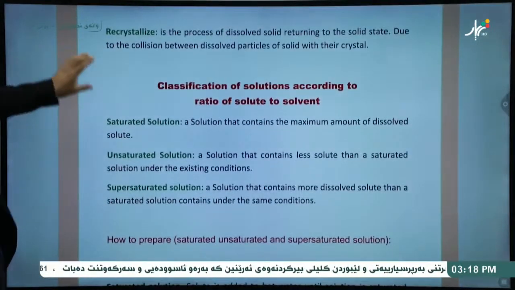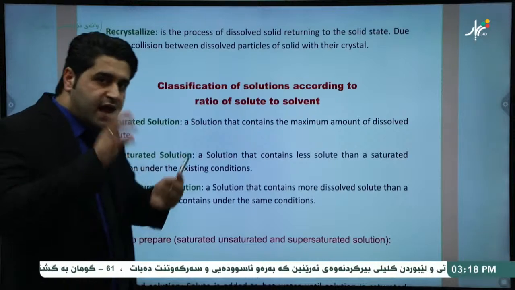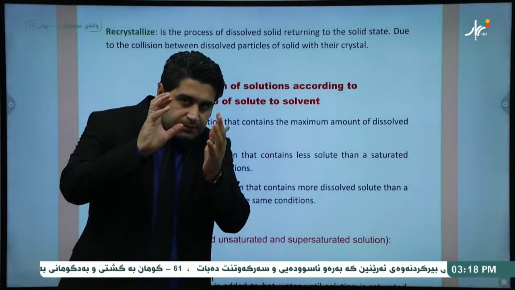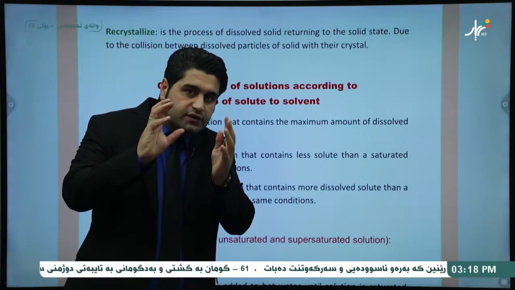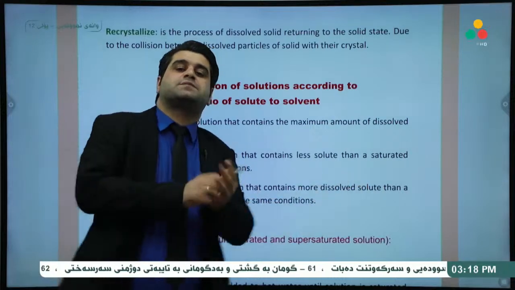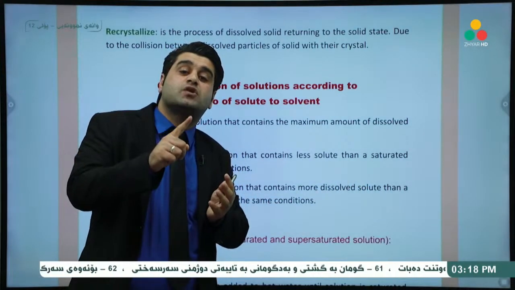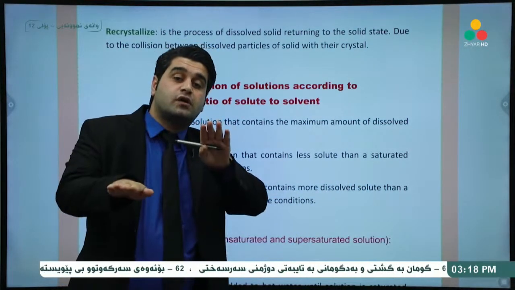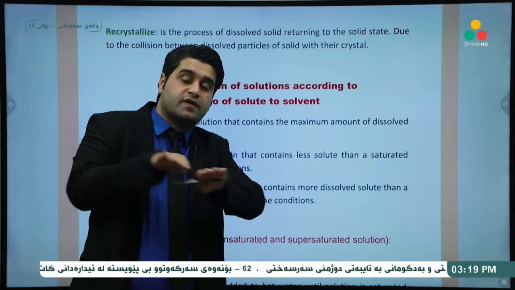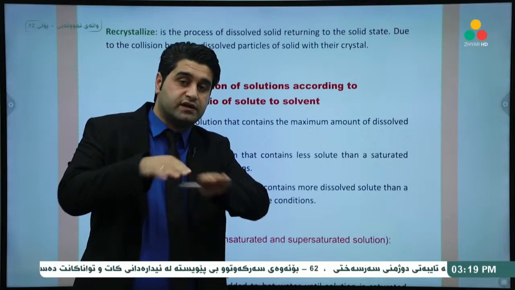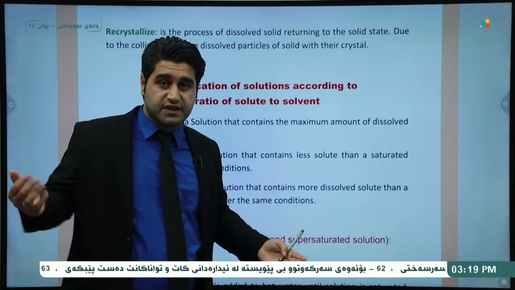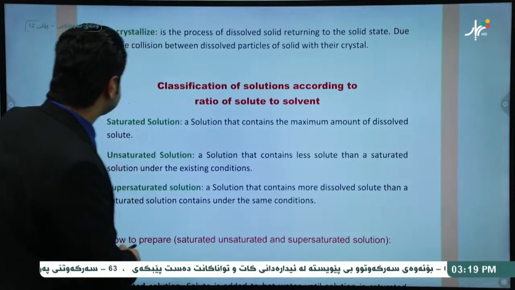Recrystallization, we know, is a precipitation when a solid solute is exposed to a dissolved solute. So it is solute by solute collision, and of course it will be precipitation.